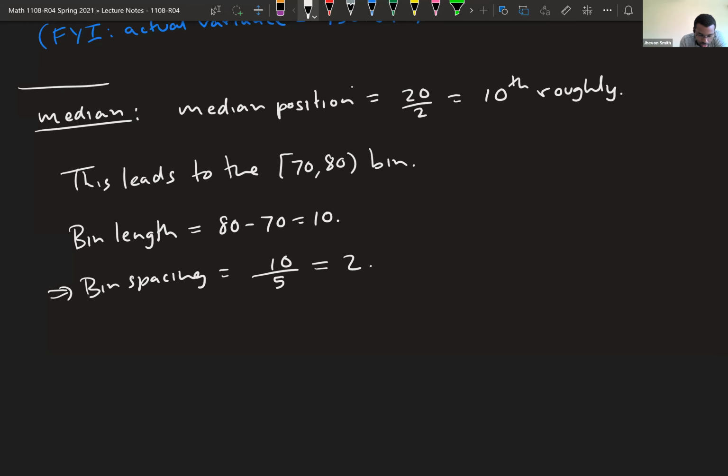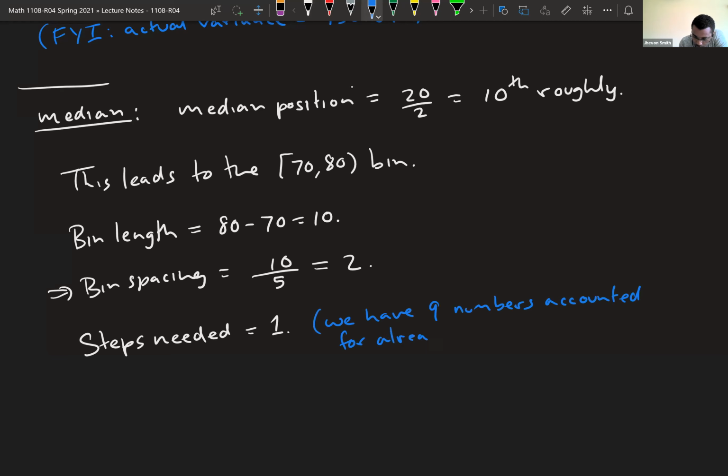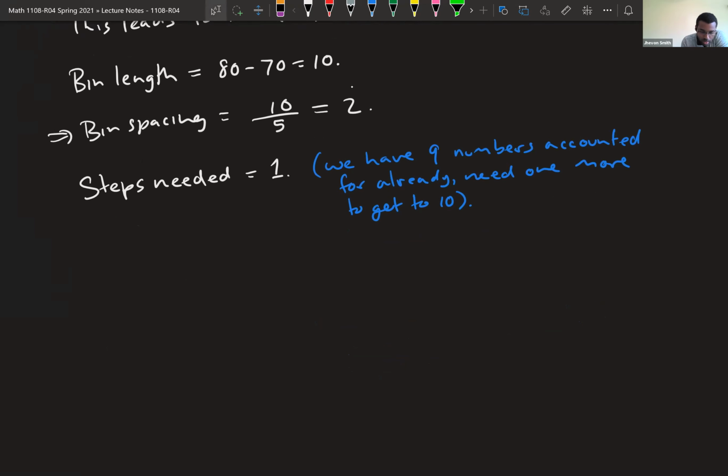Now the steps needed is 1, right? We have 9 numbers accounted for already. Need 1 more to get to 10. So now you can use that formula.